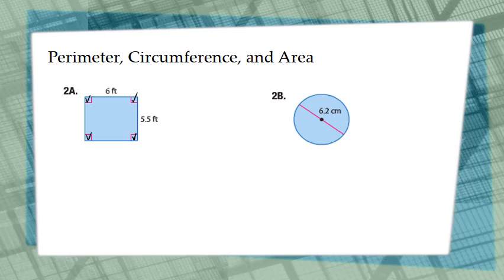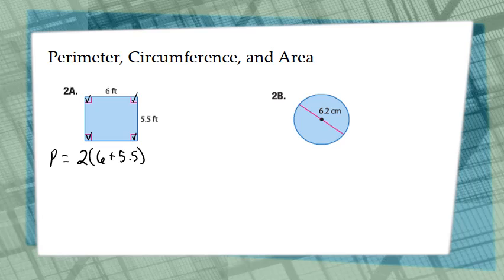And so the perimeter of a rectangle is the length plus the width plus the length plus the width, or 2 times the length plus 2 times the width, or I could write it like this, 2 times, in this case, 6 plus 5.5.